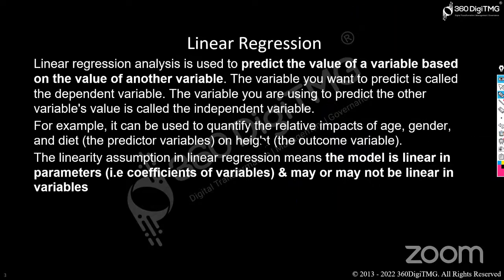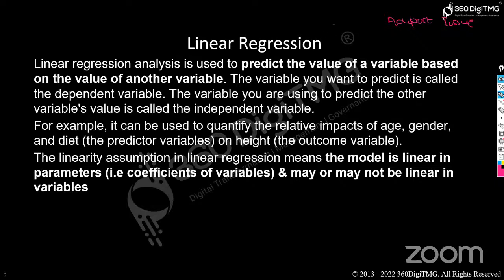For example, linear regression can be used to quantify the relative impact of age, gender, and diet on height. Adipose tissue. What is adipose tissue? Adipose tissue is the deposition of fat on the abdominal region.